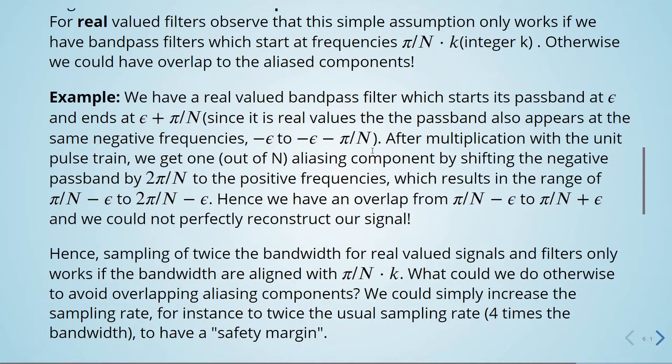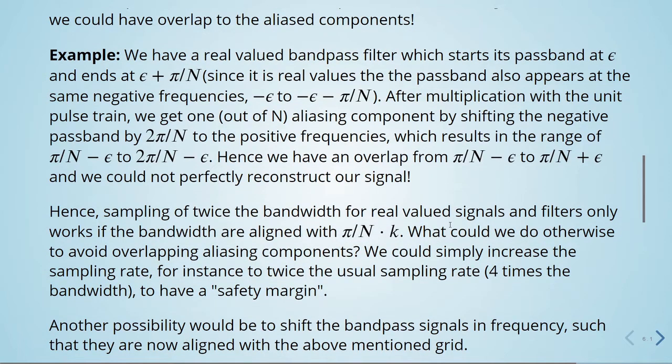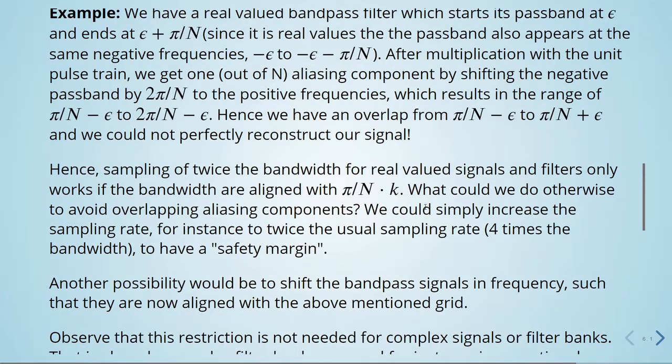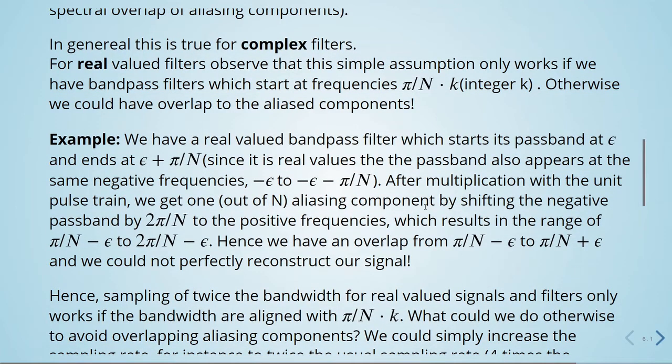We can simply increase the sampling rate, for instance, to twice the usual sampling rate, so 4 times the bandwidth, to have a safety margin. Another possibility would be to shift the bandpass signals in frequency such that they are now aligned with the mentioned grid.